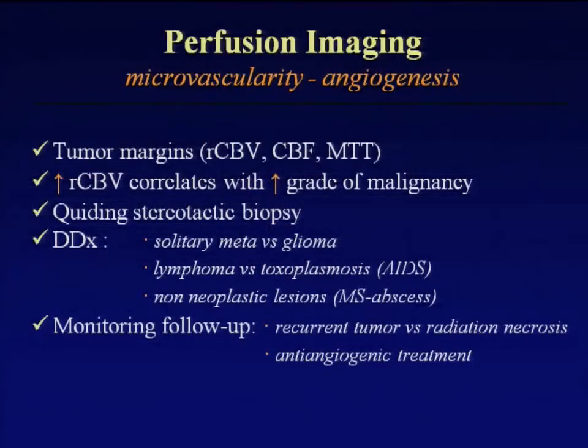And perfusion. Perfusion, in my perspective, is the most useful tool because it's very easy to perform. Everybody injects contrast, so in a short time, we have information about the tumor margins. This is important. rCBV correlates with high grade of malignancy, and at this point, I would like to differentiate something I think very important. The abnormal enhancement and the increased perfusion are not necessarily the same.